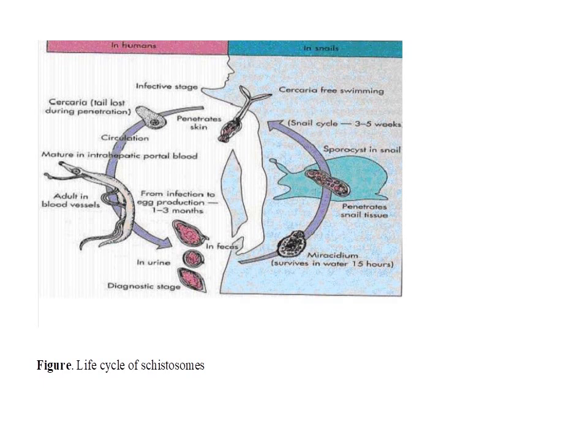Now in the copulation process, the female is longer than the male and small in width, and the male is rigid, with a tuberculated tegument, and has a gynecophoral canal.